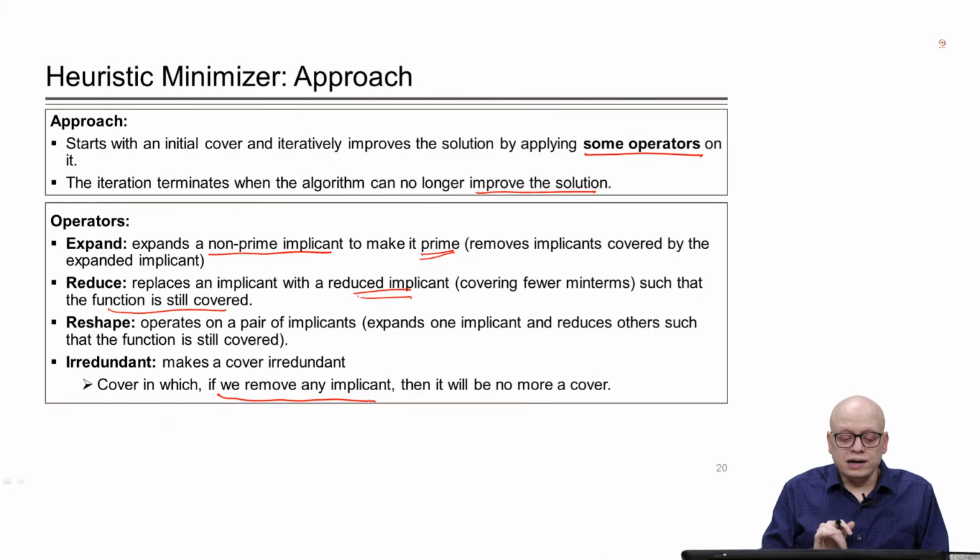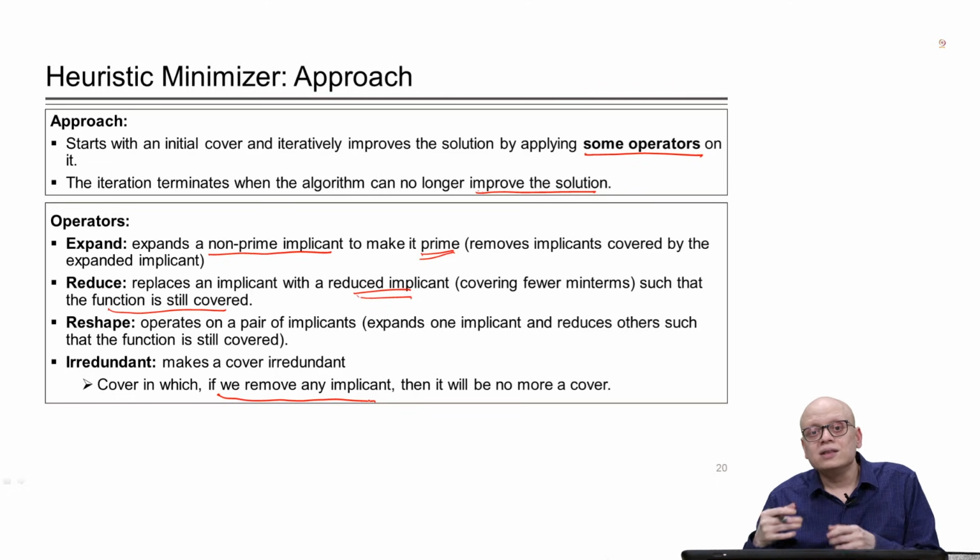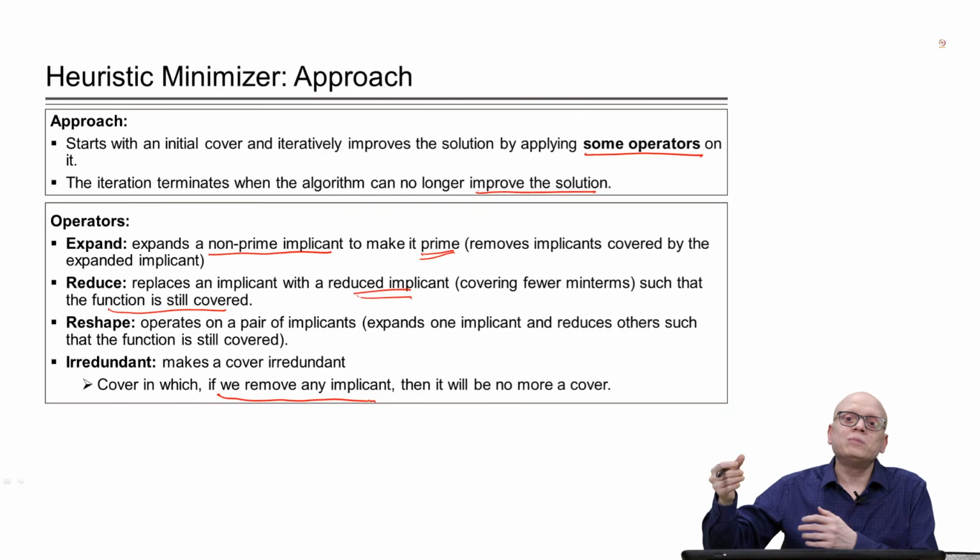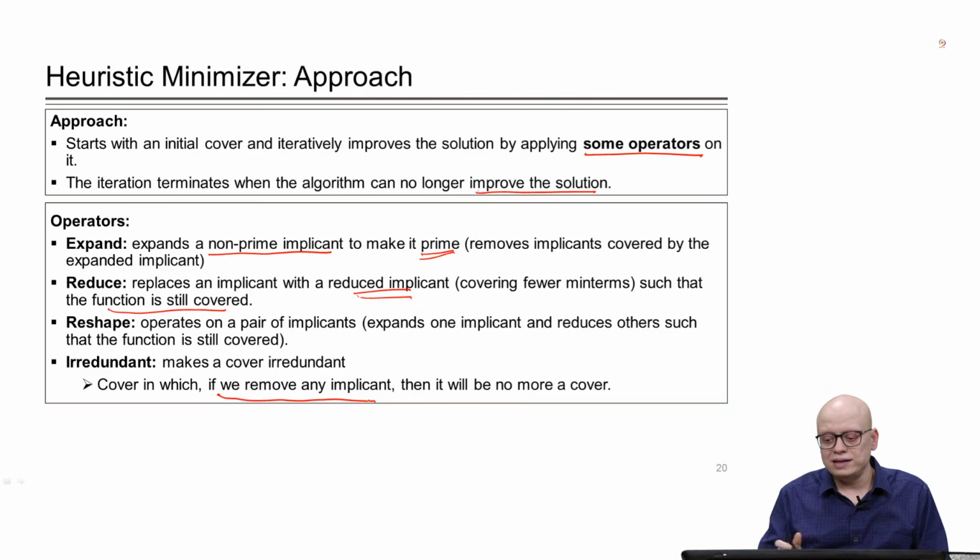So, the irredundant operation removes redundant implicants, and after it has removed all of them, the cover that we obtain is known as an irredundant cover. And in an irredundant cover, if we remove any implicant out of it, then some minterm will be left uncovered, right, then it will no more be a cover.